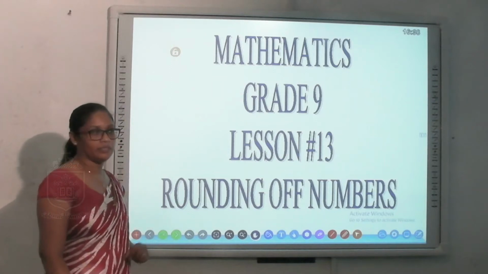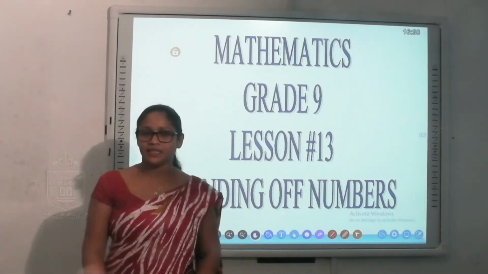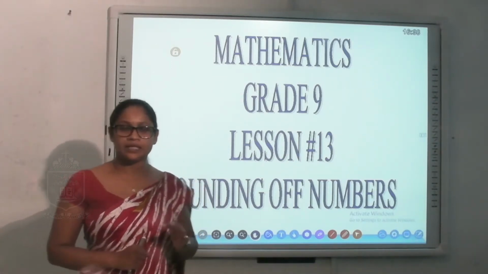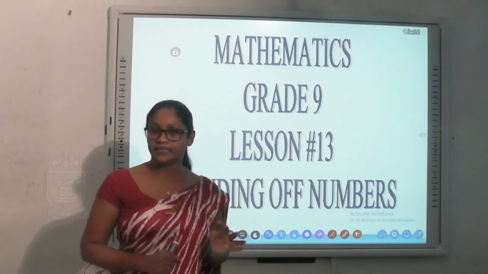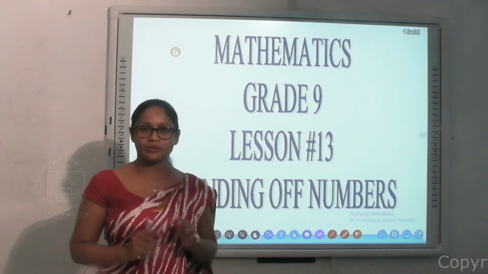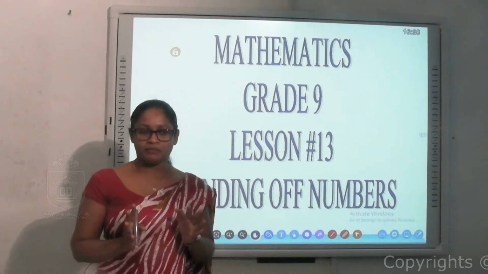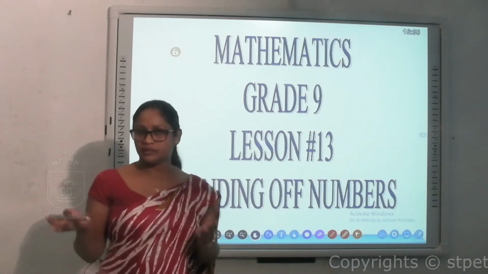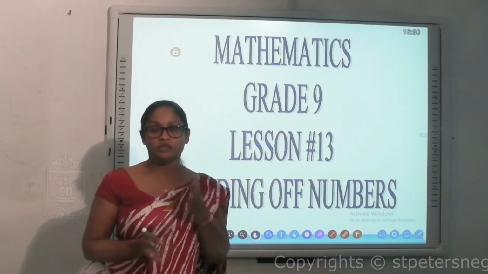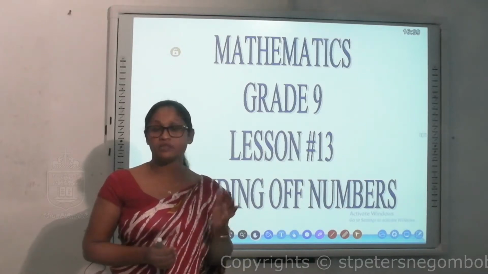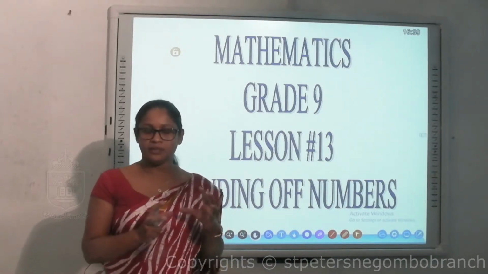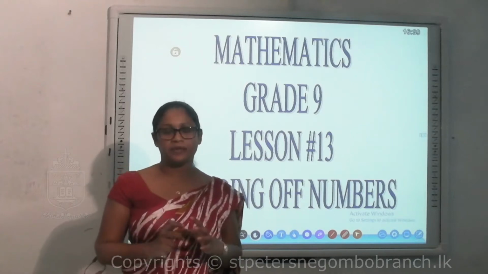I will start the lesson like this. In a certain school there are 2483 students. I don't know that school, I just heard there are 2483 students. That number is very difficult to keep in our mind.